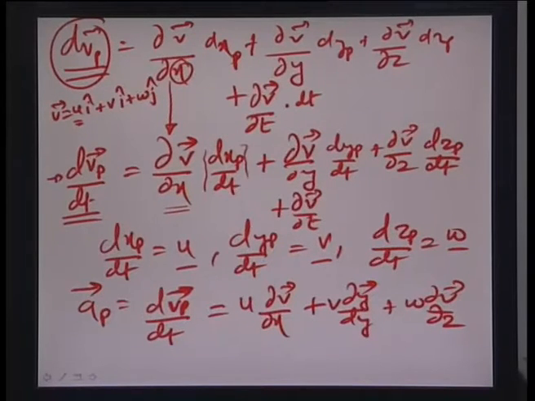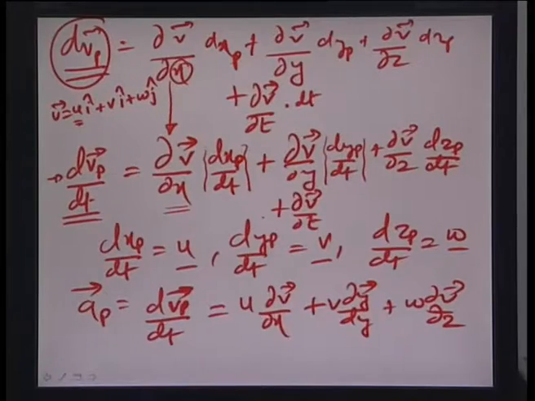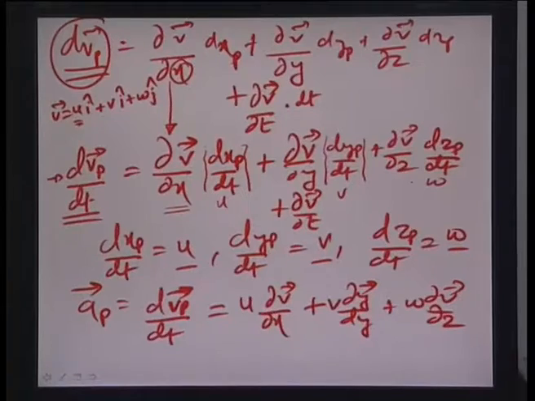The second component, of course, is a representative of the position of a particle xp, and what we are doing here is dxp by dt, which means it is the instantaneous velocity of the particle in the x direction when it is at position p. Similarly, dyp by dt is essentially a representative of the instantaneous velocity of the particle in the y direction when it is resting at p, and so on and so forth. So, these are essentially nothing but u, v and w, right.